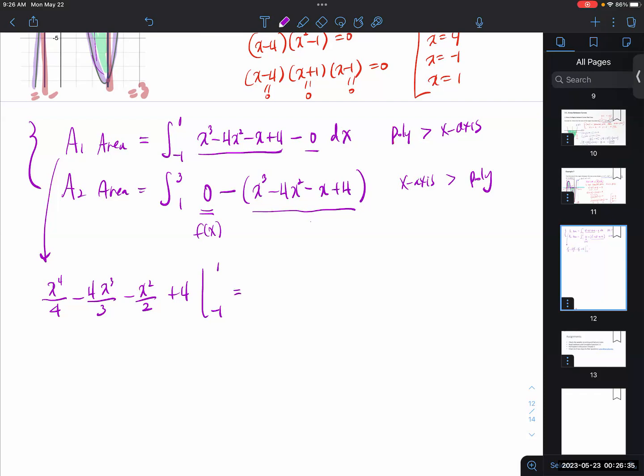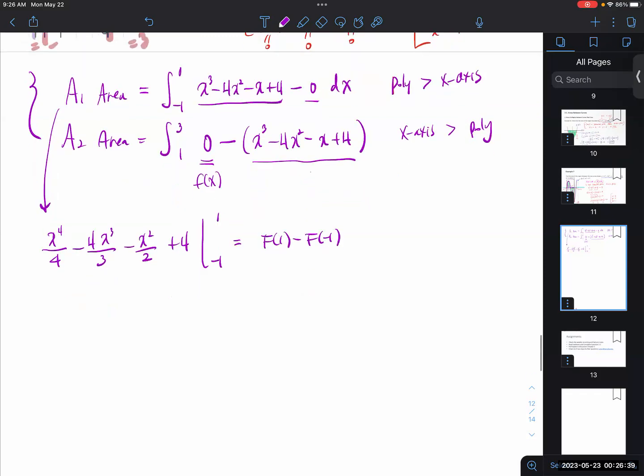So if you calculate it, f of 1 minus f of negative 1. This is 1 over 4, 4 over 3, 1 over 2 plus 1, minus negative 1 to the 4 is a positive 1. And then negative 1 to the third is negative, so negative 1 times negative 4, positive 4 over 3. And then negative 1 to the second is positive, and minus 1 over 3 plus 4.